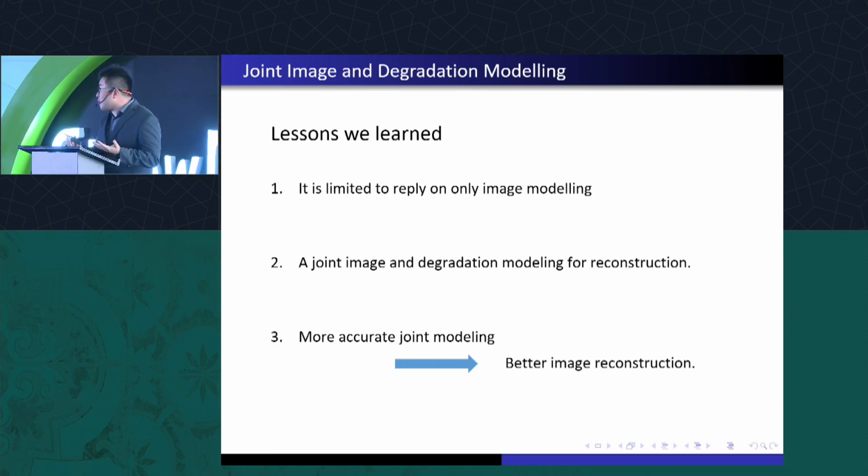If you know something about your degradation, your noise, your forward model, and if you have the feeling that your degradation is inaccurate, it's better to have a joint modeling method than just image prior. We show some of the results showing that having a more accurate joint modeling will eventually lead to a better image reconstruction in practice. This is the takeaway message we have for the first part of my talk.